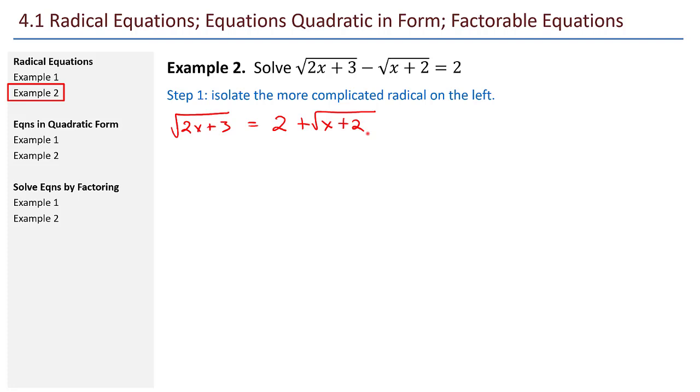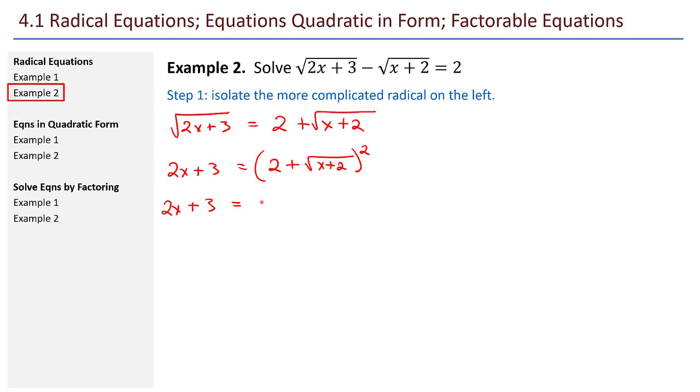Now I will square both sides just like before. On the left we get 2x plus 3. On the right, what happens? That whole quantity, 2 plus the square root of x plus 2, gets squared. All right, so let's see if you can write out all the steps. I'll kind of jump to a solution.